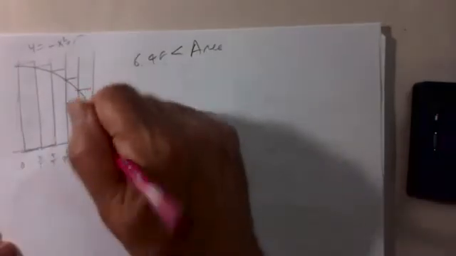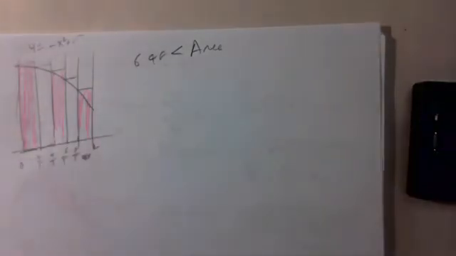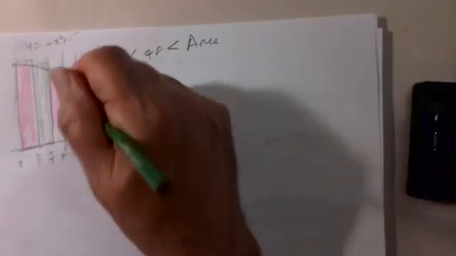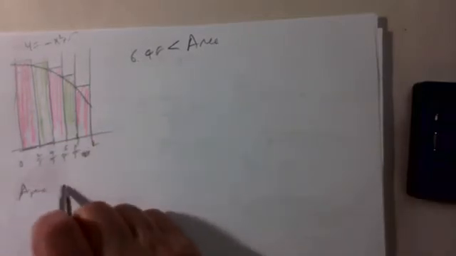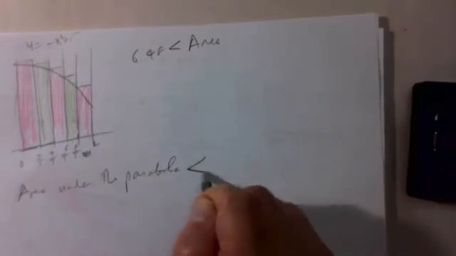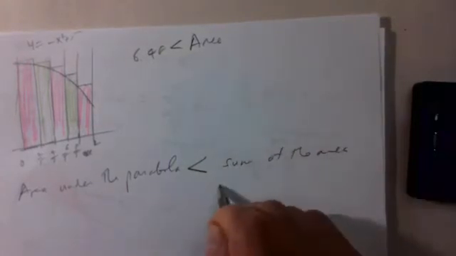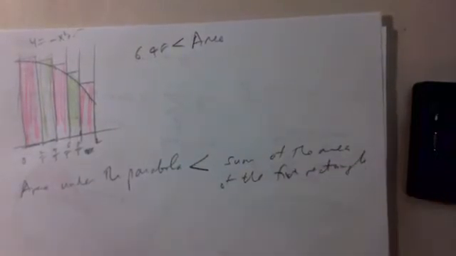So now I've constructed these 5 rectangles, and what we can say is that the area under the parabola is less than the sum of the area of the 5 rectangles.